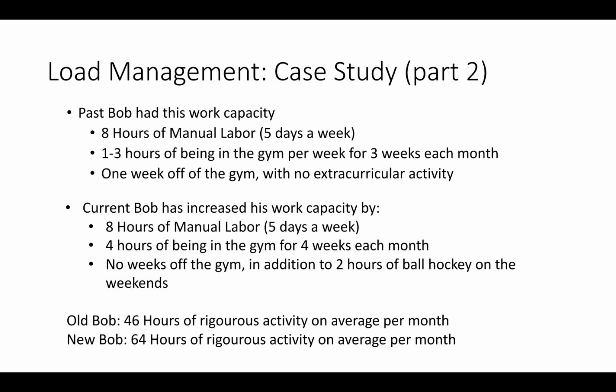We want to ease into things. We'll get into how we fix Bob later, but I'll mention it now: I would get him to slowly add in extra hours in the gym in addition to ball hockey, while still keeping in mind his recovery. And we'll talk more about this in a bit.